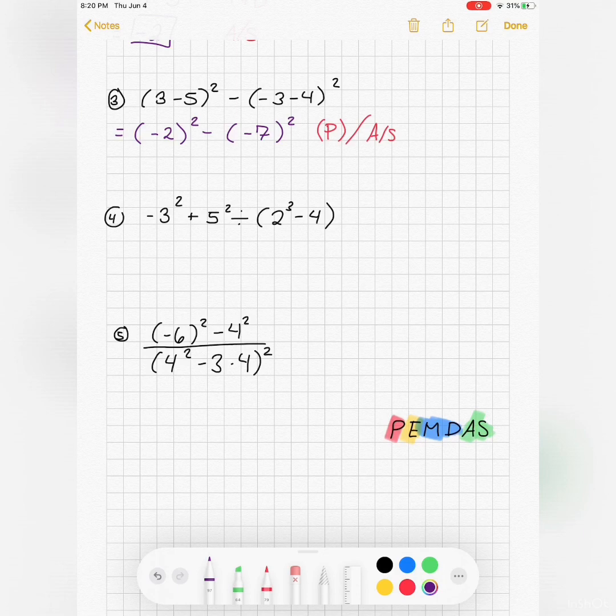Okay, so now what next? So now I've taken care of simplifying what's inside the parentheses. So now I go on and I look at the next unit, which is exponents. Okay, so negative 2 quantity squared, that one's negative 2 times negative 2. Positive 4, right? Negative 7 times negative 7 is positive 49.